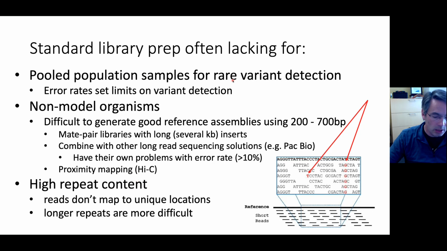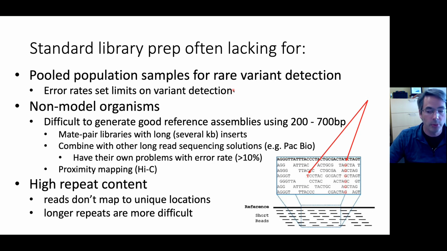So for humans, for example, if you're interested in rare variant detection, you have to take some alternative library prep methods, because if you're pooling DNA from multiple individuals, you won't see things that are less than 10% frequent. Now, again, that's not true if you have DNA from an individual.